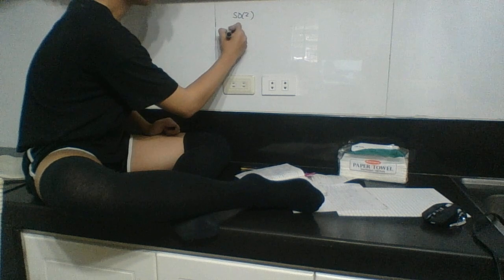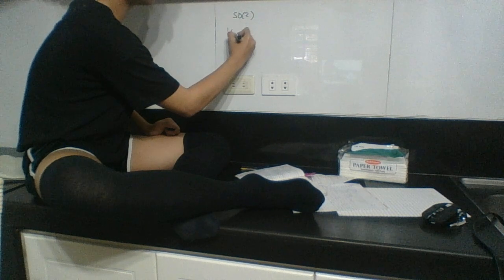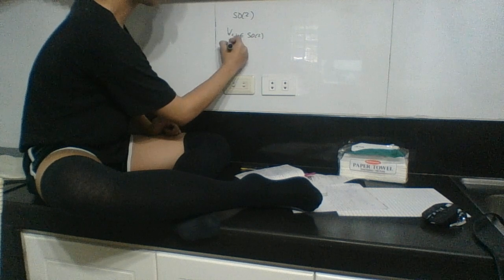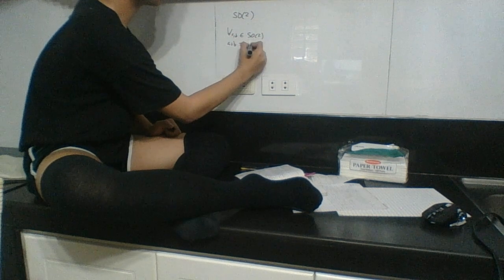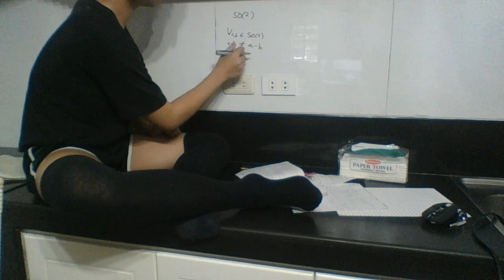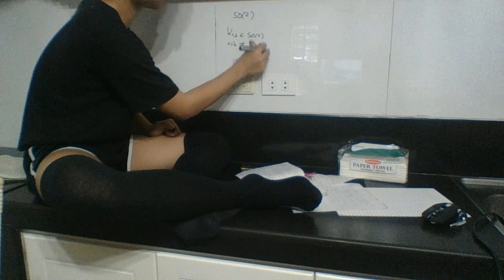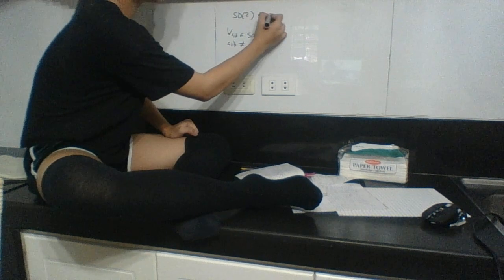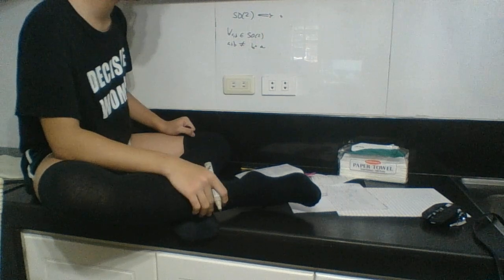So order does matter. In this case, for any A and B inside SO2, or any non-abelian group, A times B is not equal to B times A. SO2 implies a composition, which is matrix multiplication.